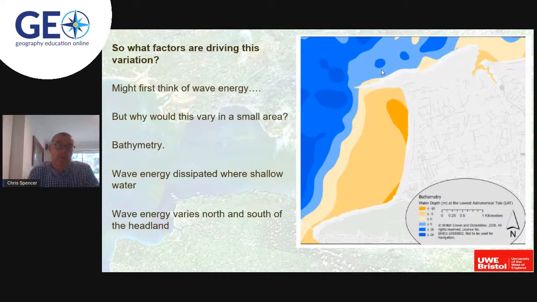So that could be a starting point to explain why we have such difference. North of the headland, we have deep water, and we might then infer more powerful waves. South of the headland, we've got much more shallow water, and we might infer there that the waves are losing their power, dissipated across the bay.